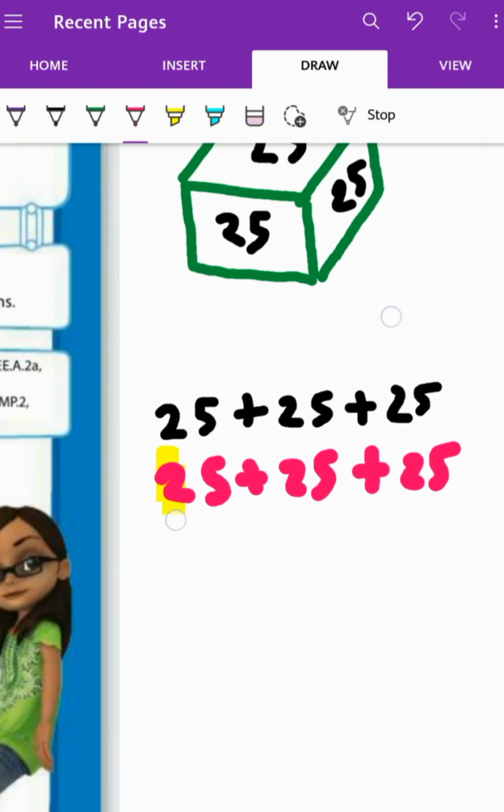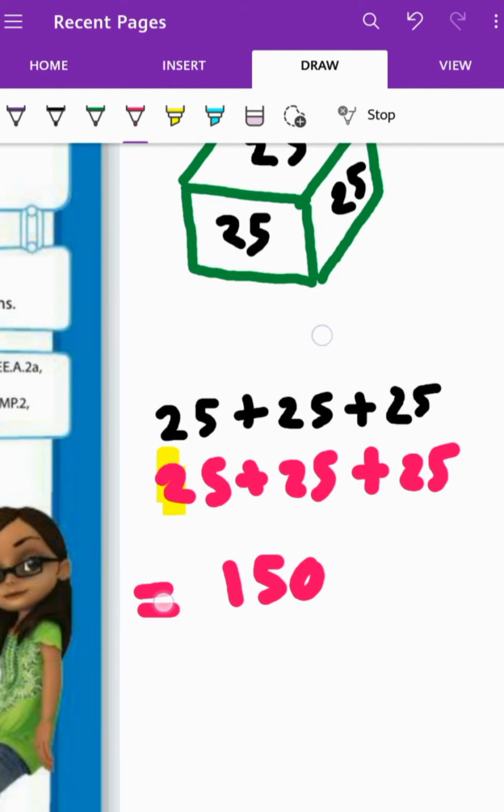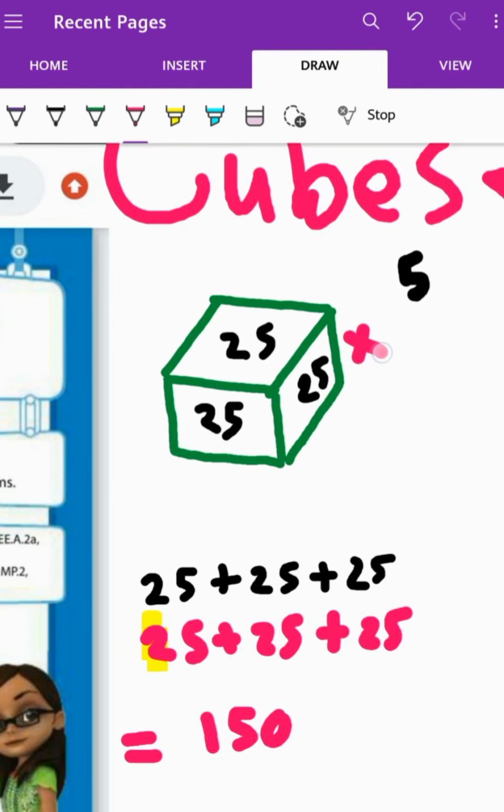So how many 25s do I have? I have 6. So the answer here is 150. Instead of adding, we just multiply 25 by 6. You get 150, for example, meters squared. So this is regarding the cube.